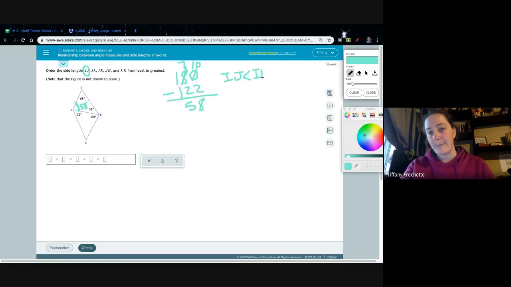And that's smaller than across from 68, which is my biggest one, which would be JK. I don't think it's going to mark you wrong if you switch it, if you said JI or KI. Alex isn't that picky.